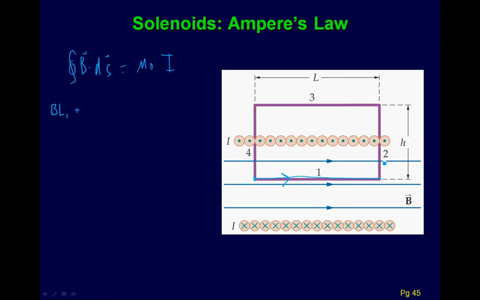Now when I go through the second leg, again the B field points this way inside the solenoid, and it's 0 outside the solenoid. So for this part of the loop, half of it has the B field at 90 degrees, and when the B field is at 90 degrees, the line integral is just 0. The other half is purely 0, so I add a 0 for that leg.